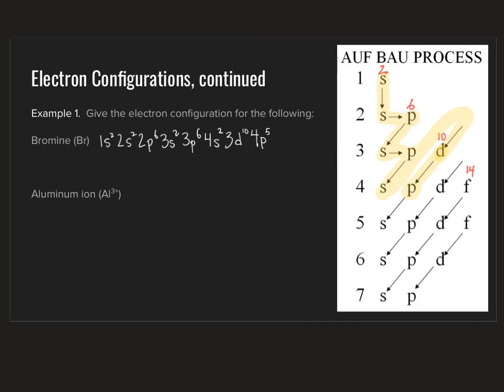So again, our electron configuration of 1s2, 2s2, 2p6, 3s2, 3p6, 4s2, 3d10, 4p5. Now that was again using that Aufbau diagram.